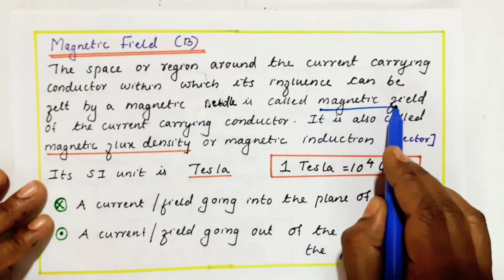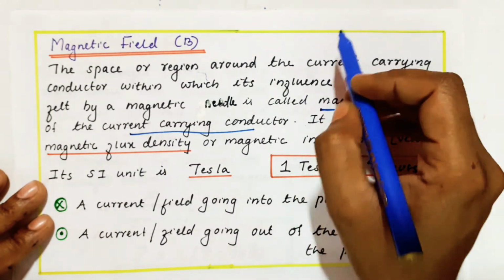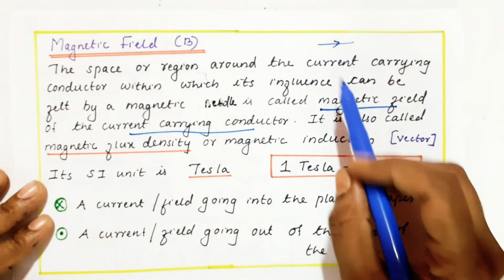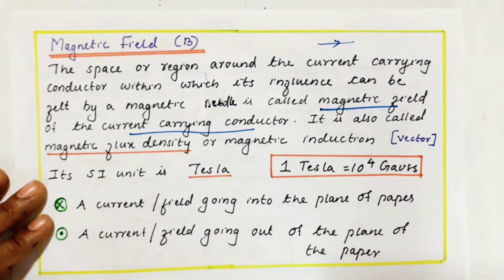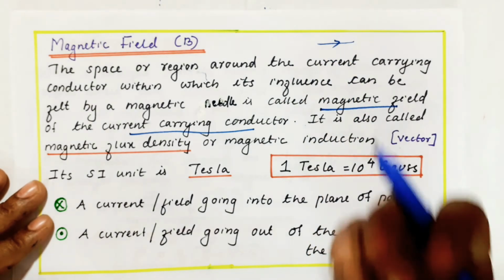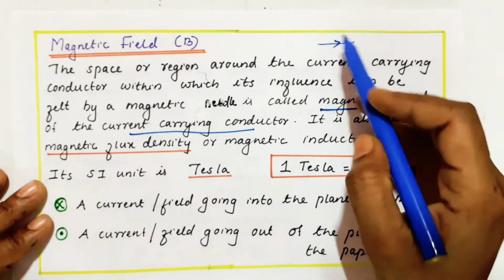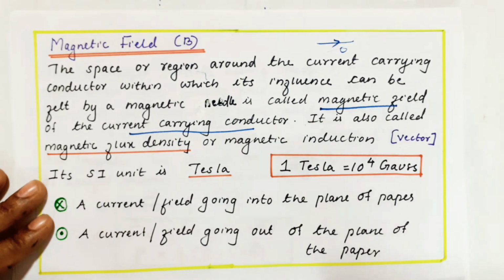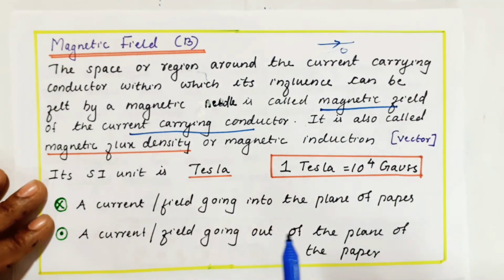Let this be a current carrying conductor; around it there is a region in which we can feel the influence. How can we understand the influence? If you place a compass needle, it should show deflection. That region we call the magnetic field.